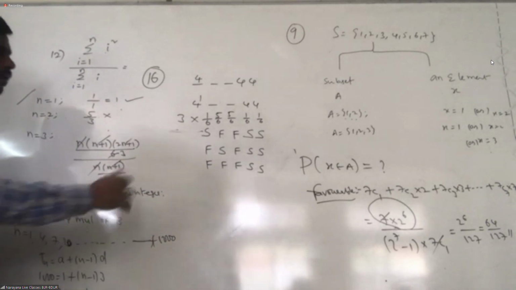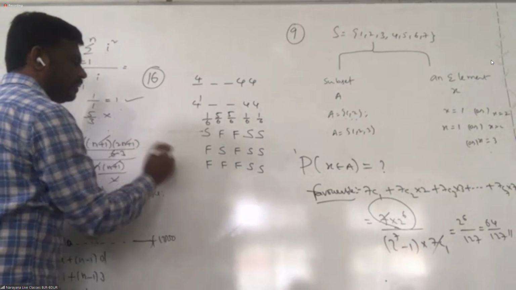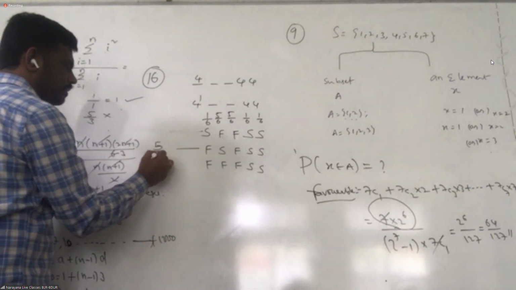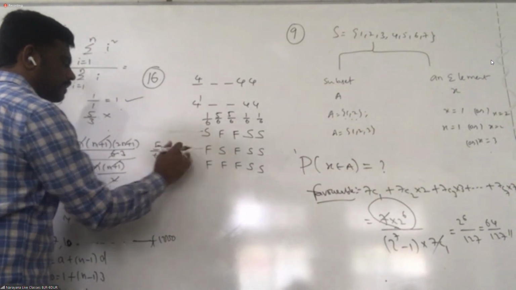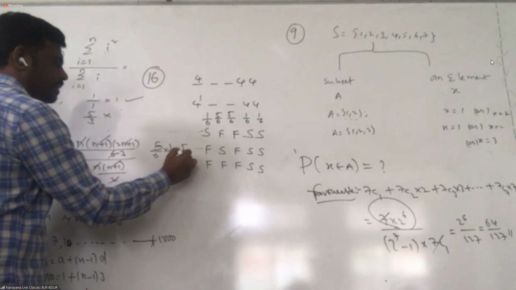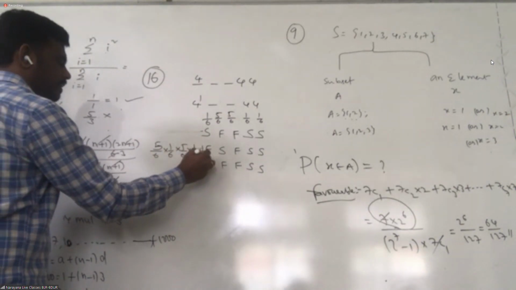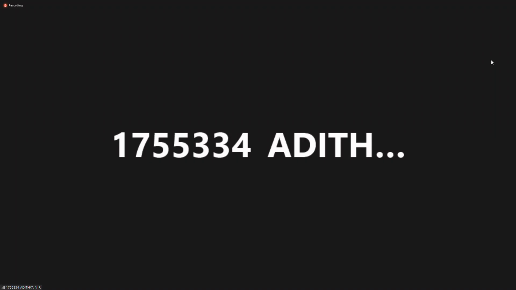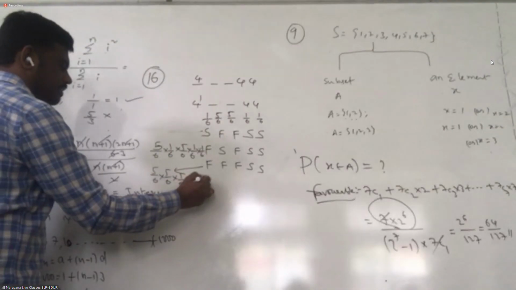Here last is okay. Here it is 5 by 6, 1 by 6 into 5 by 6 into 1 by 6 into 1 by 6. Here failure 5 by 6, 5 by 6, 5 by 6, 1 by 6, 1 by 6.